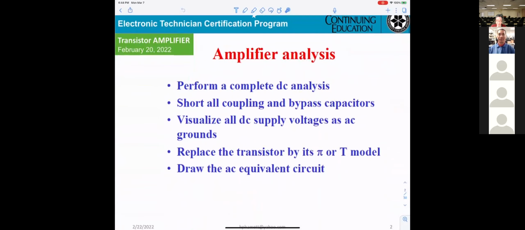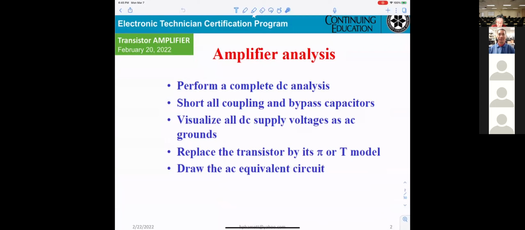Now, for any student who really wants to learn more about AC, you have to follow this instruction. First thing, amplifier analysis: perform a complete DC analysis. That's what we already did. Calculate the VB, VE, VC, IE, IC, IB.